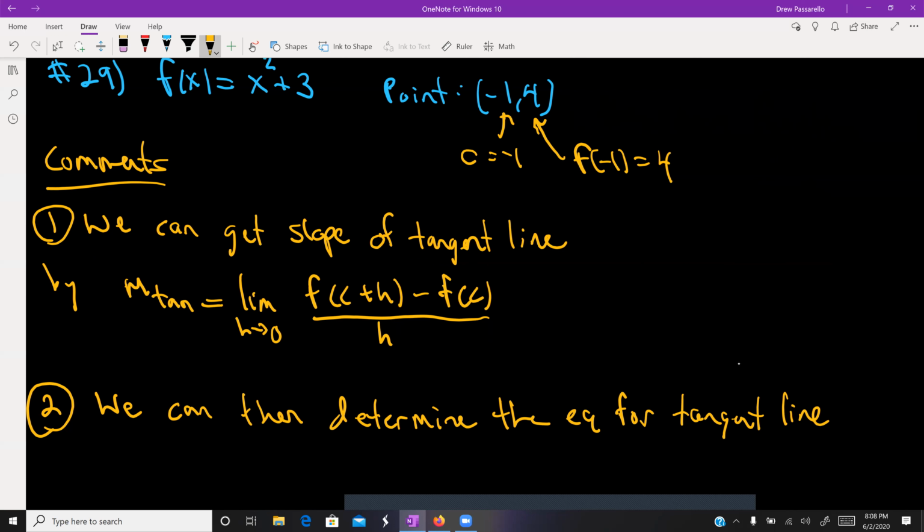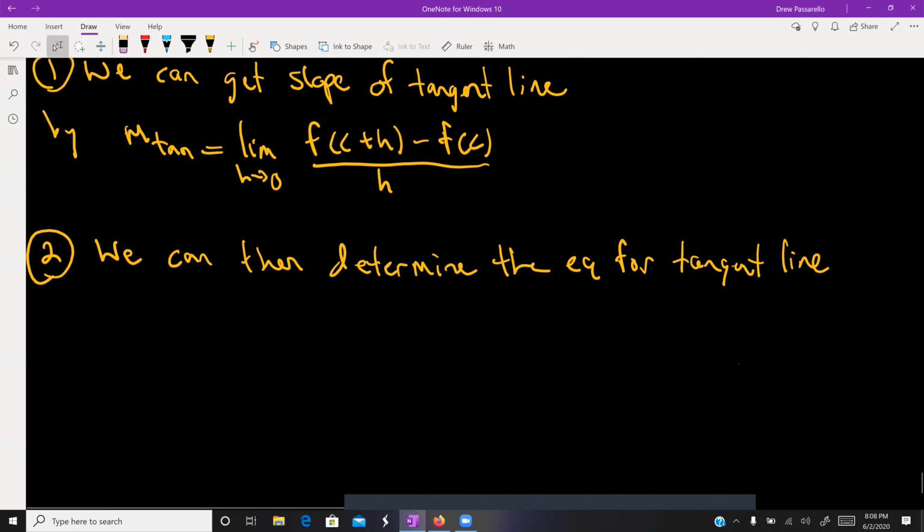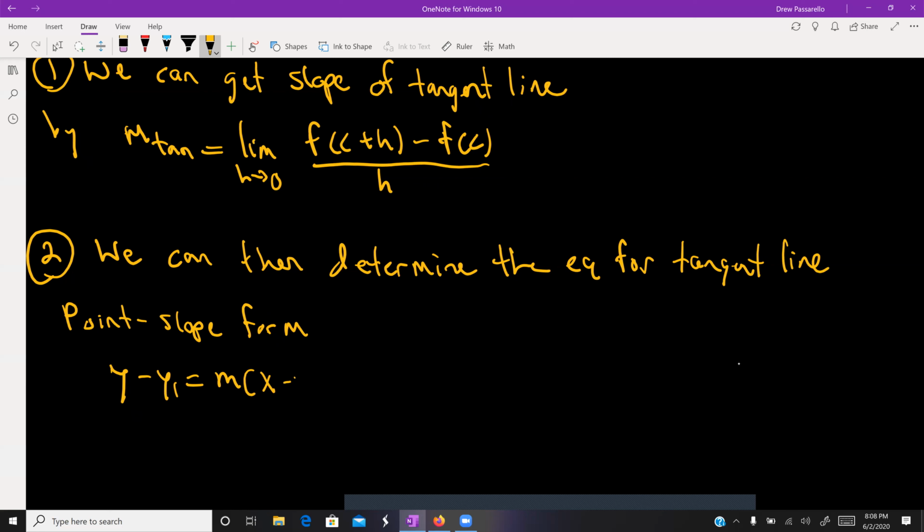And we can determine that equation in two ways. You could write it in point slope form, and that's y minus y1 equals m times x minus x1. And that's the quickest answer, the point slope form, or you can write it in slope-intercept form, y equals mx plus b.